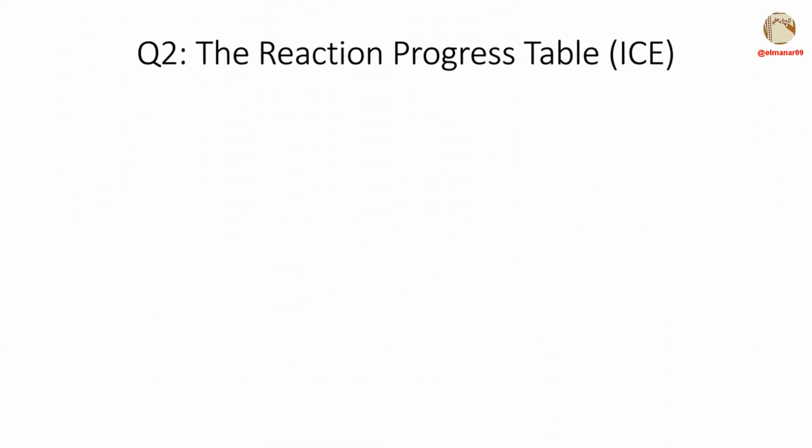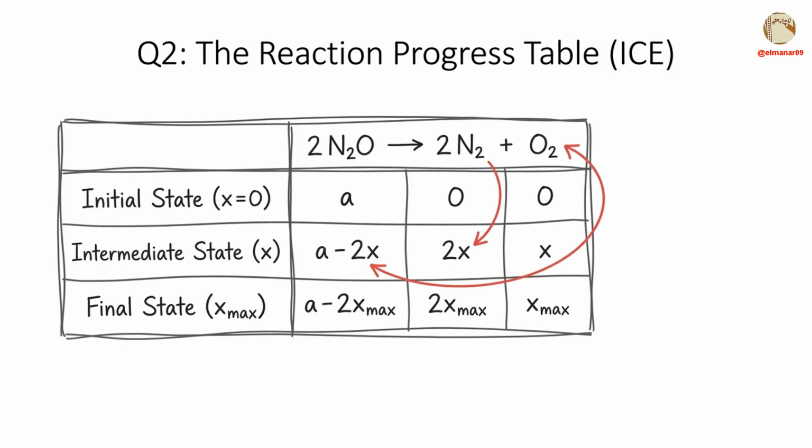Now, for question 2, the reaction progress table. Think of this as chemical bookkeeping. We track 3 states. 1, the initial state, x equals 0. We have A moles of reactant and 0 products. 2, the intermediate state, x. The reaction is happening. Stoichiometry tells us the pace.